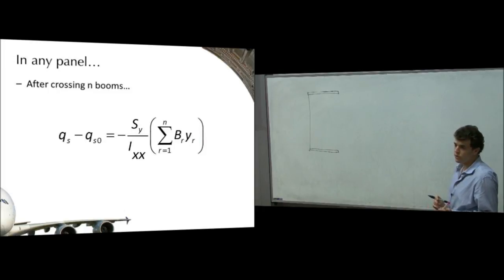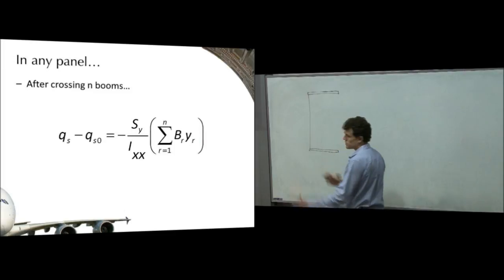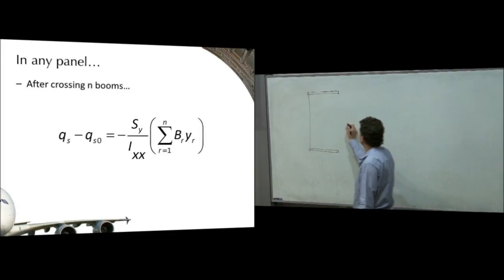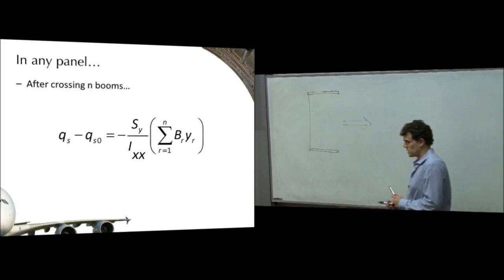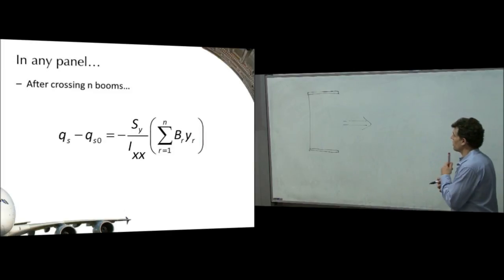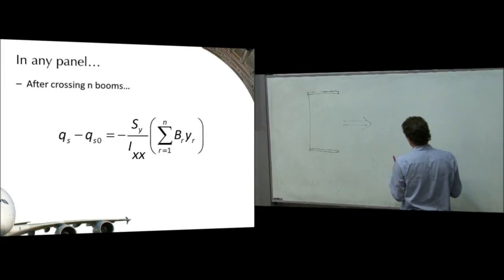Now generally the first step of this process is to idealize this somehow. So there are lots of ways we could idealize that section, and you know the basic formula now of how to do it, but you still get a choice as to where to put your booms.